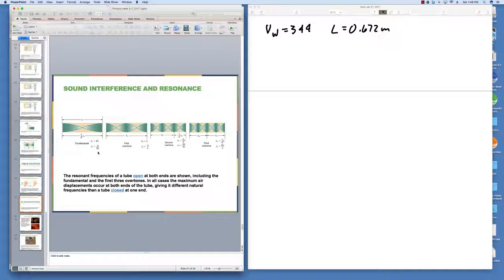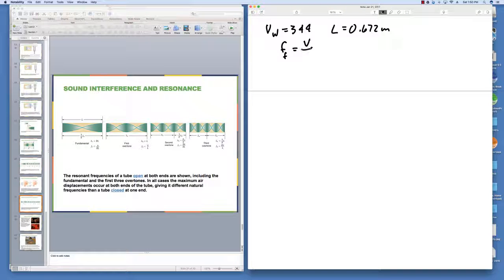And the fundamental frequency is equal to V over 2L. So F is equal to V divided by 2L, which is equal to 344 divided by 2 times 0.672, which is equal to 256 hertz. And the second overtone is right here, 3V over 2L.